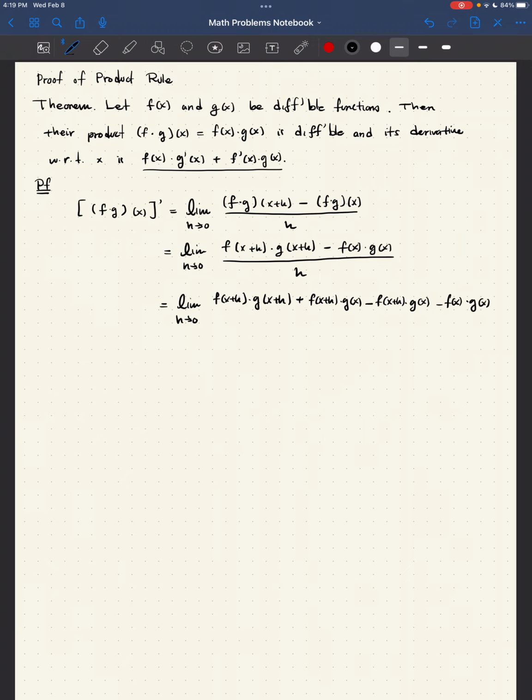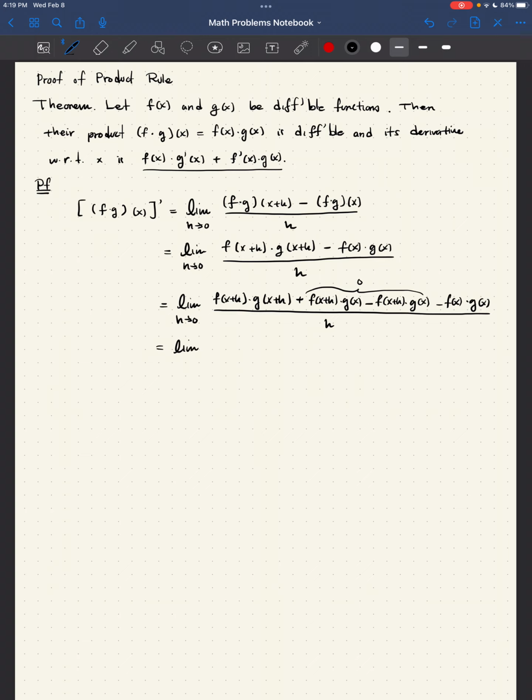You may say, wait, all of this divided by h. You say, wait a second, right? That is just 0. Yes, that is just 0. But look, based on that observation, I can do the following.